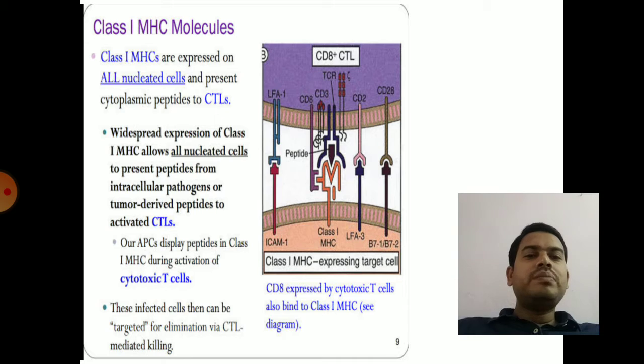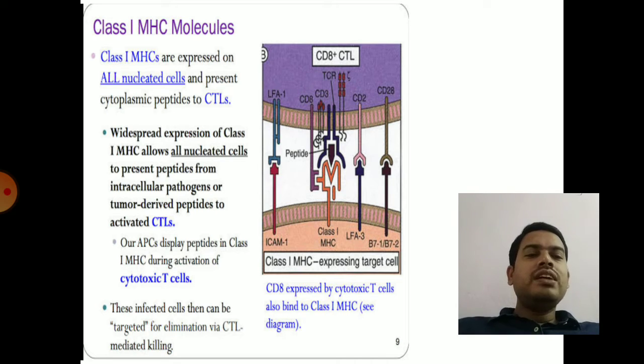So the CD8 receptor, you can see the CD8, CD3, TCR, CD2, CD28, all these receptors are present on the T cytotoxic cells. They are also called as CTL cells, cytotoxic T cells or T cytotoxic cells. And the CD8 receptor will interact with the class 1 MHC molecule, which is present on the nucleated cells.